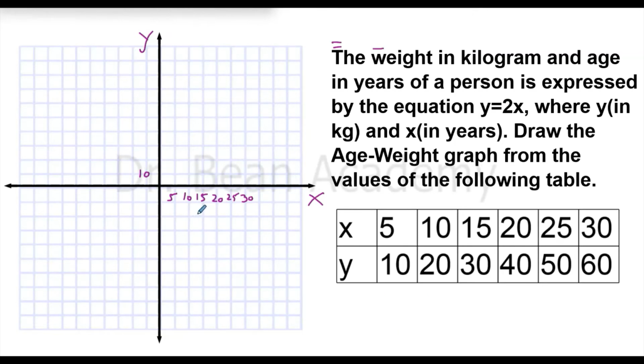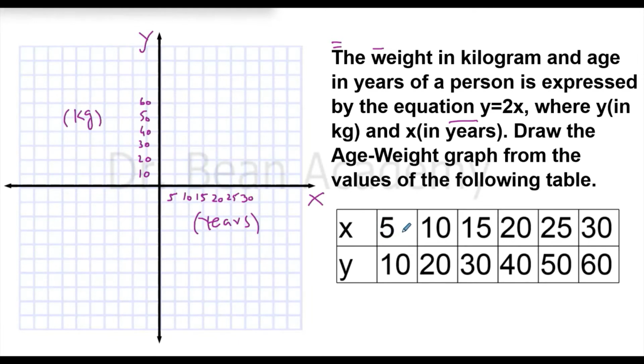The unit for the x-axis is years, and for the y-axis it's kilograms. Now I can finish my y-axis: 20, 30, 40, 50, and 60 kilograms. So this is how we set up the graph.